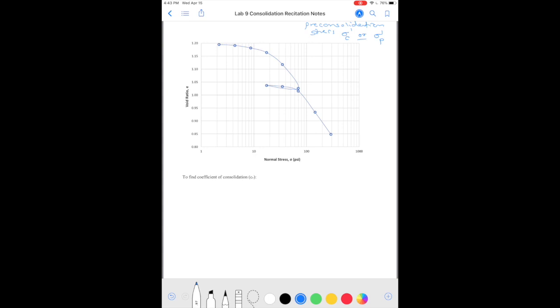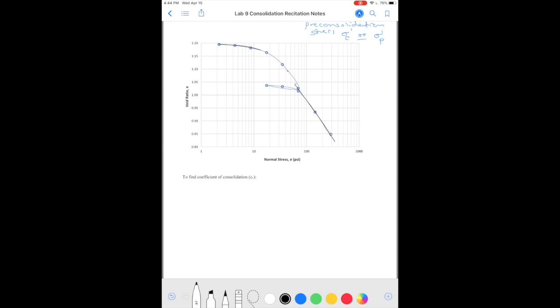Or there could have been a multi-story building that's now removed, and that's another example where there could be high pre-consolidation stress. So if the soil has been subjected to pre-consolidation stress, we see that the initial slope changes, and then after it passes the pre-consolidation stress it becomes steeper.